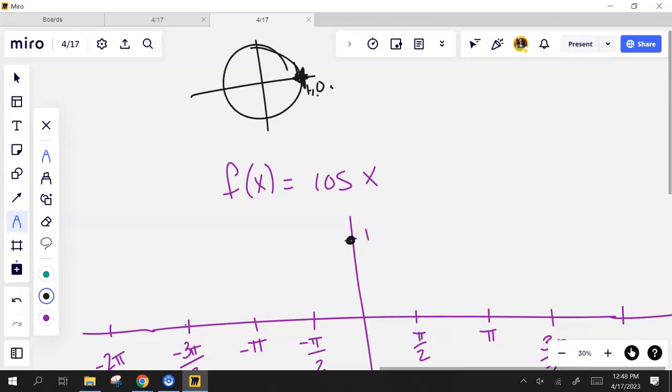What's this point right here? And so I've got cosine, sine. So the cosine of 0, so go to 0, and what's the x coordinate? Where's your unit circle?